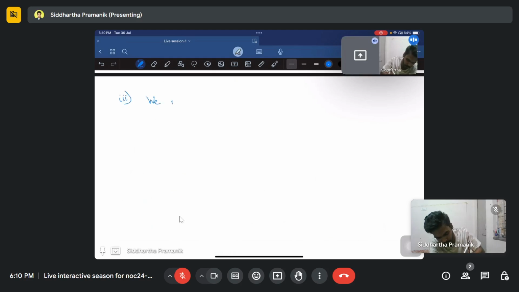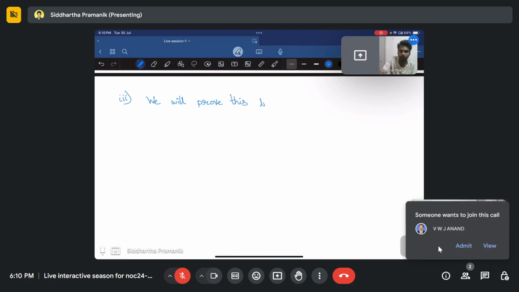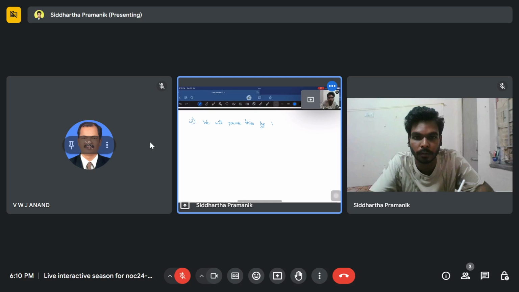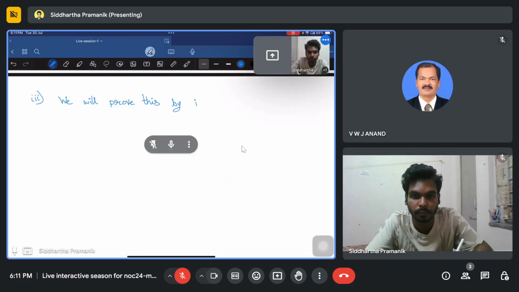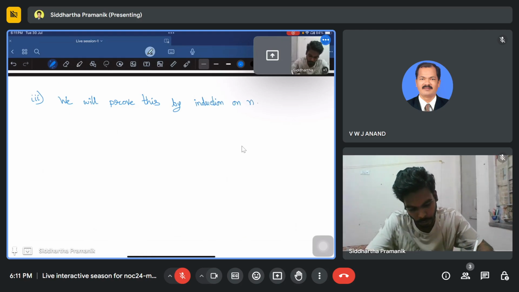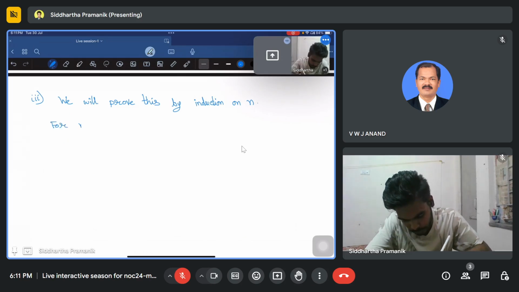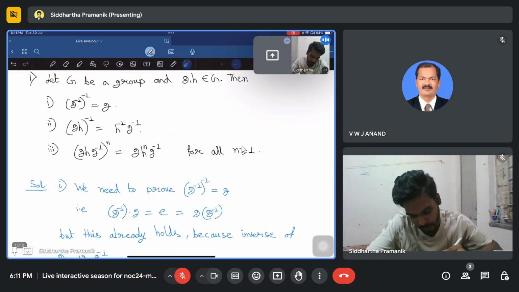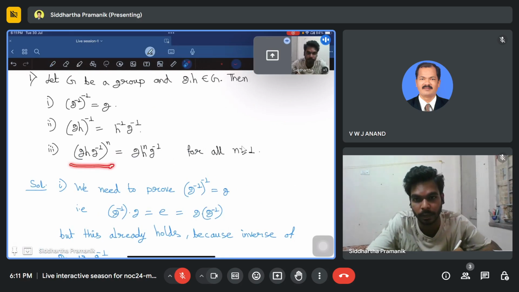So for n equals 1, if we go back to the problem and put n equals 1, the left side is nothing but g h g inverse, and on the right hand side, it is also g h g inverse.